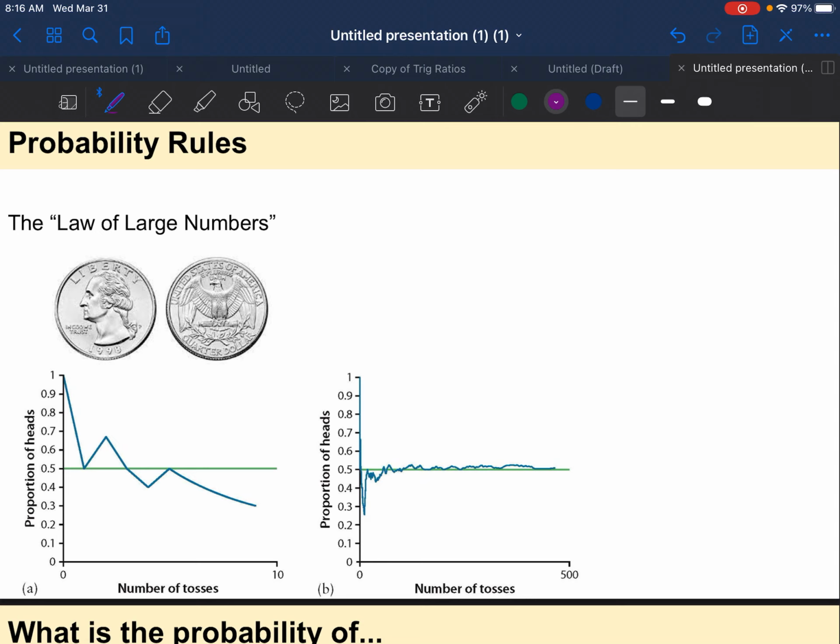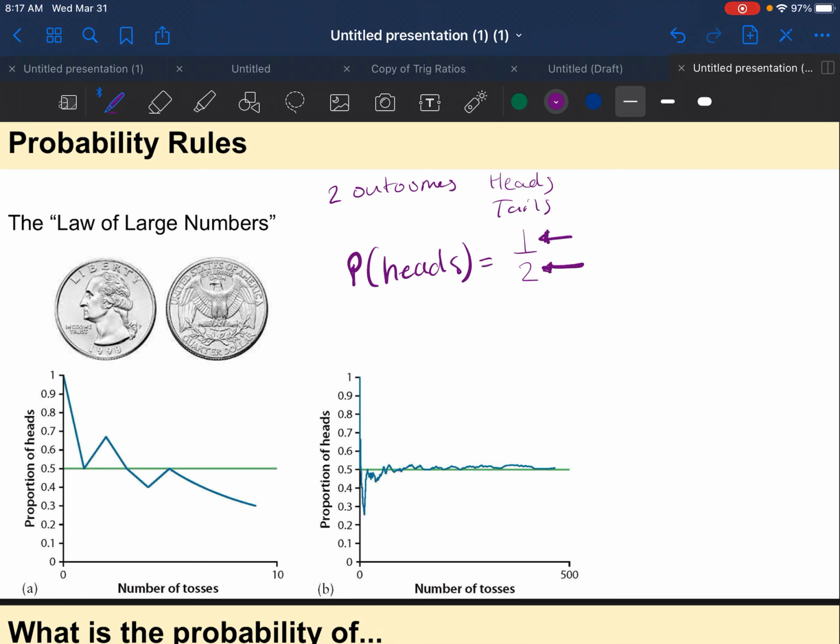If I flip a coin, I have two outcomes. I can get heads or I can get tails. So if I want to say what is the probability of getting heads, I know that's going to be 1 over 2.